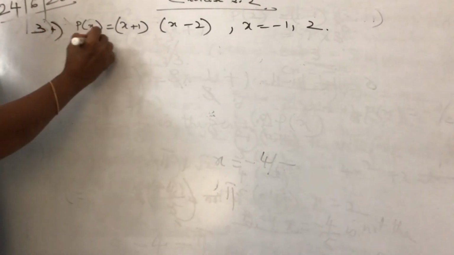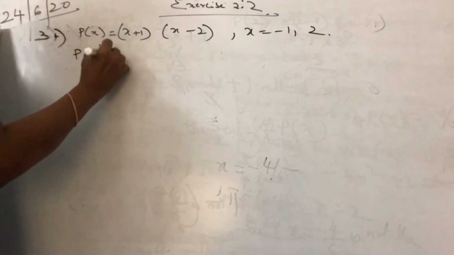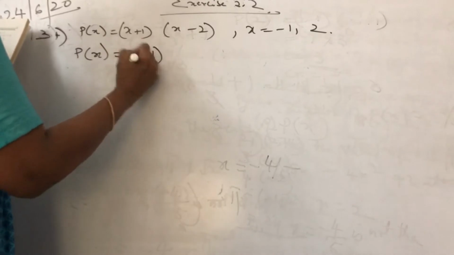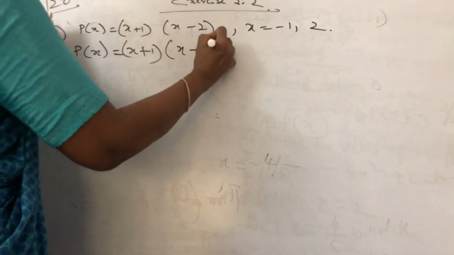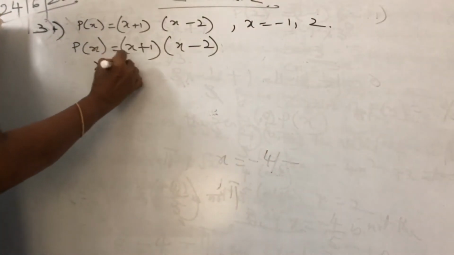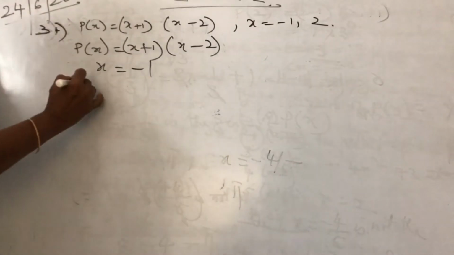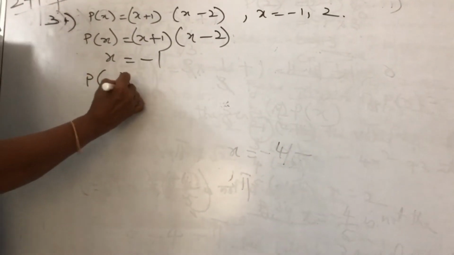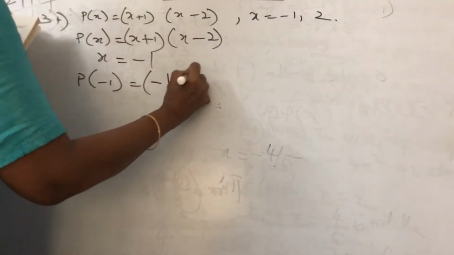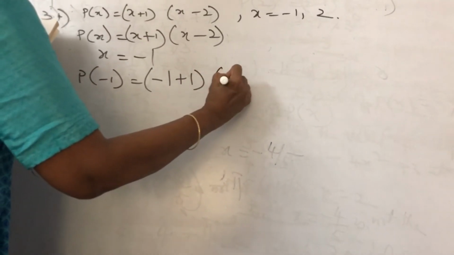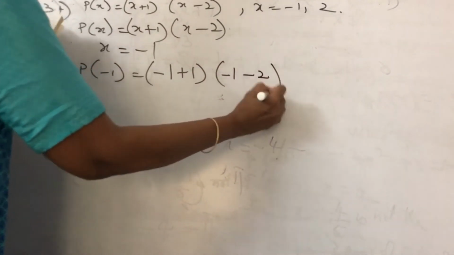Take your polynomial, children, and substitute the first value for x. What is the first value of x, children? x is equal to minus 1. Put P of minus 1: minus 1 plus 1 into minus 1 minus 2.